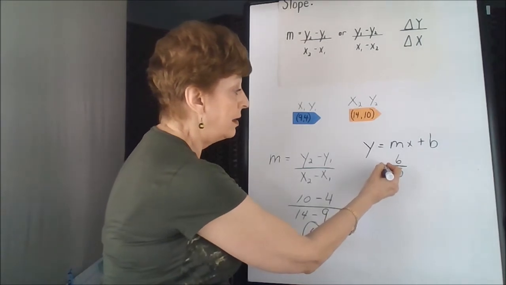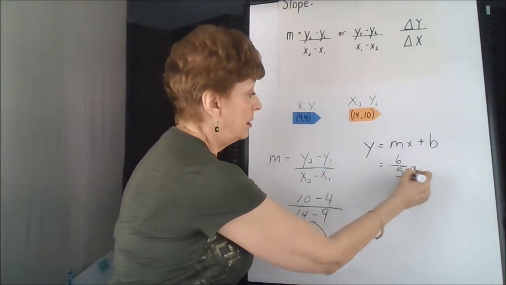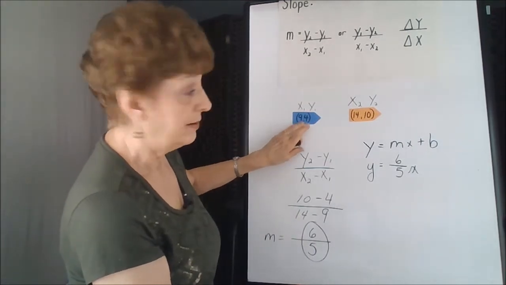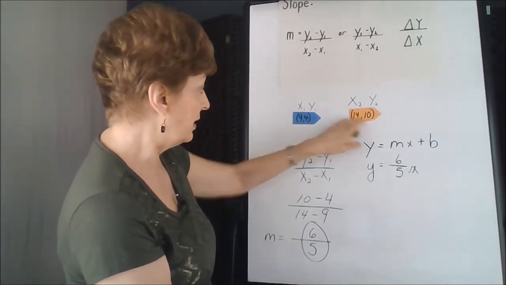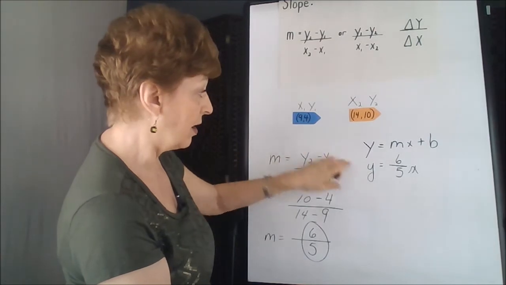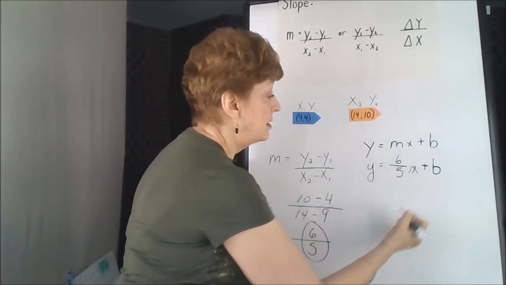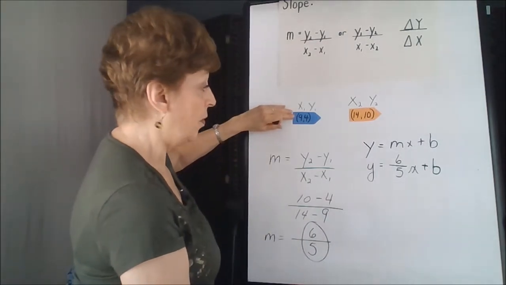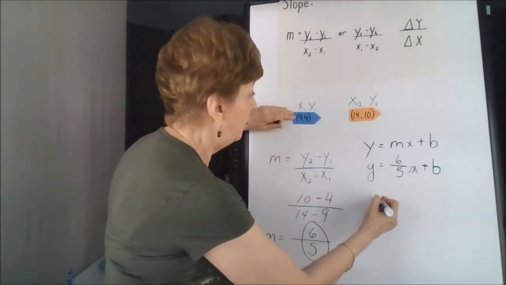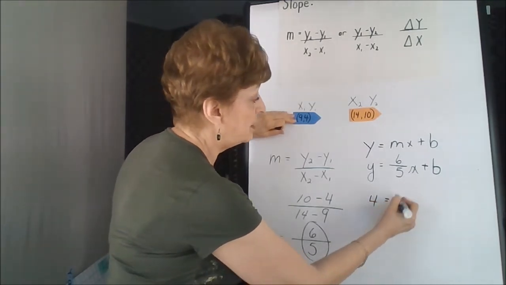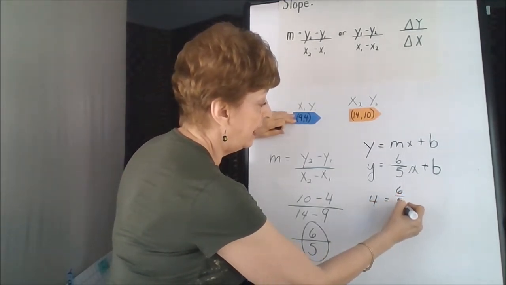Our y and x are, you pick a point. We could use this one or this one to fill in our x and y terms, and then plus b. So let's choose this point. We could use 4, which is the y, equals, here's a copy job, 6 over 5.